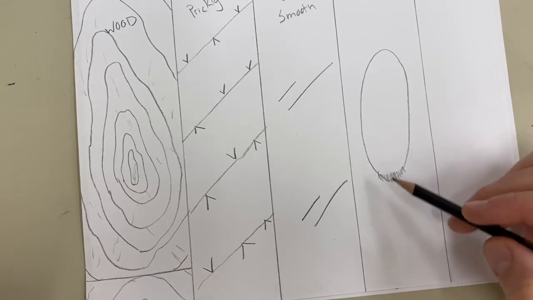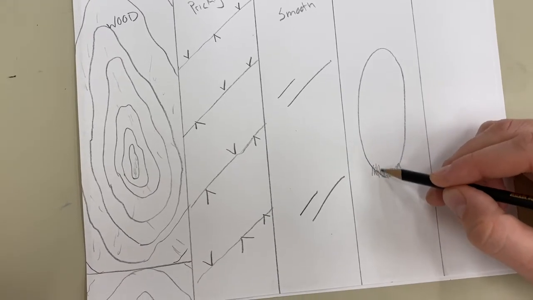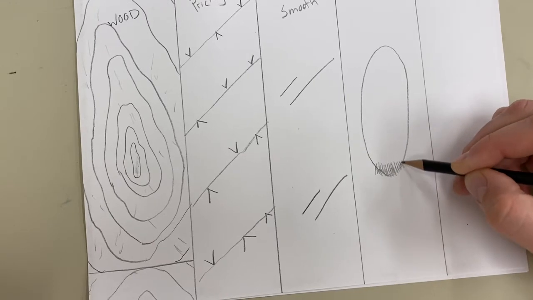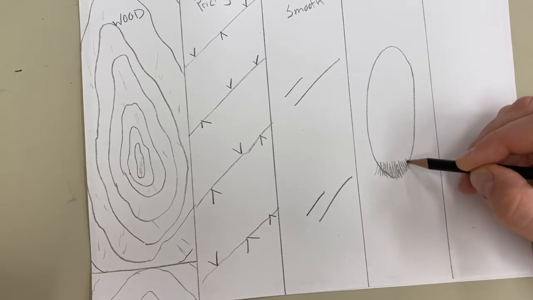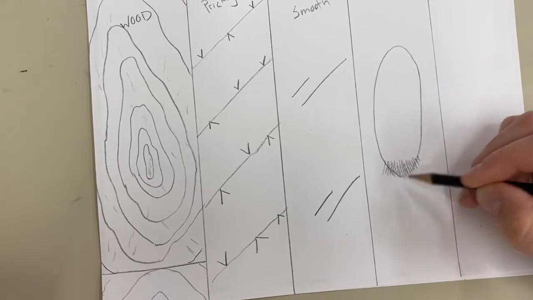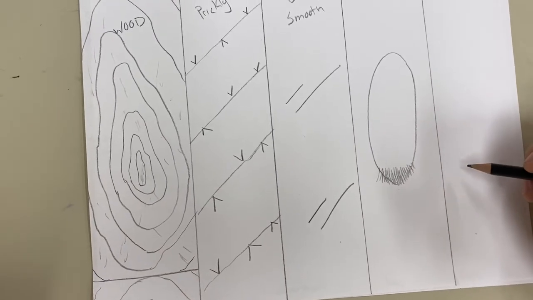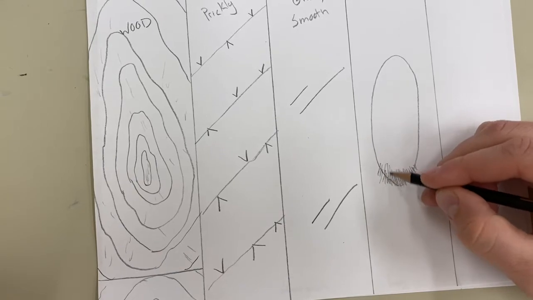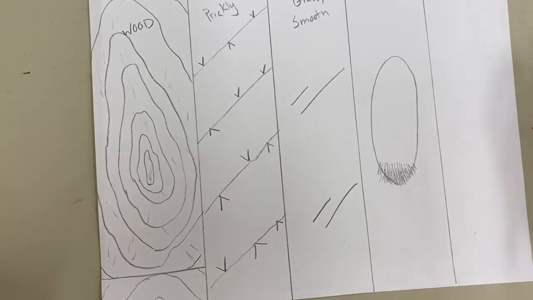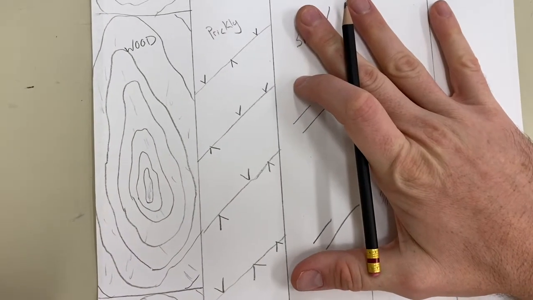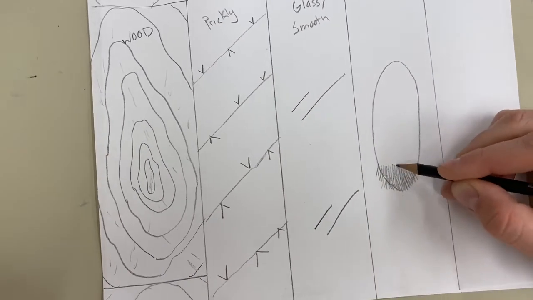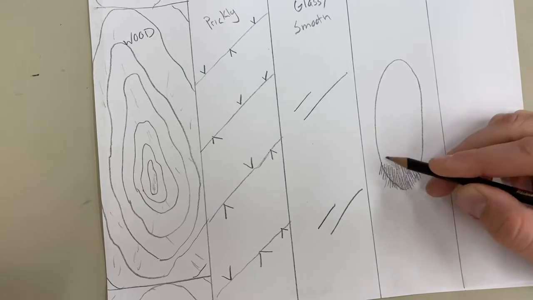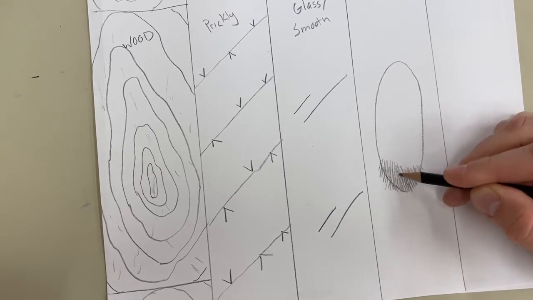Then we're going to continue making rows that overlap each other. Overlap means that the next row goes over the one below it. Example of that would be like, my hand is now overlapping my paper. So we want to keep adding these rows of little strokes of the pencil all the way up our oval.